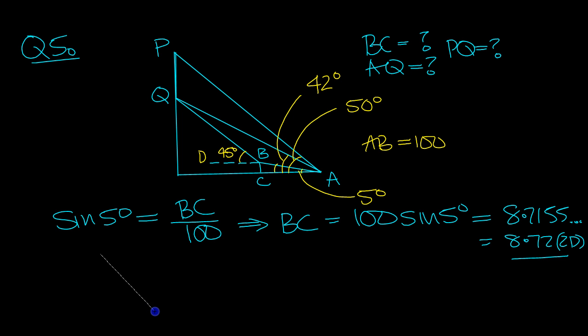Let's sketch Q, C, A, and put what information we've got for that triangle. That's Q. That's B, rather. And this is A. And the next thing we want to find out is AQ, A to Q, this distance here. We know this distance is 100.